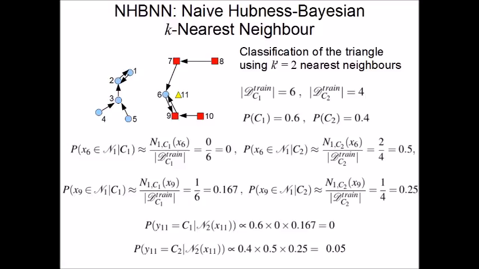And this product obviously gives 0 because one of the terms of the product is 0. Similarly, the probability of instance 11 belonging to the class of rectangles is proportional to 0.05. As the probability of belonging to the rectangles is higher than the probability of belonging to the class of circles, this triangle will be classified as a rectangle.